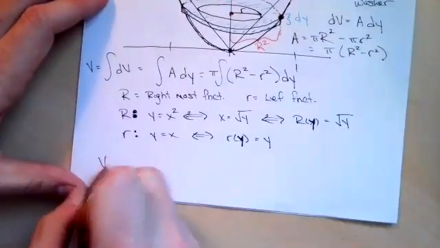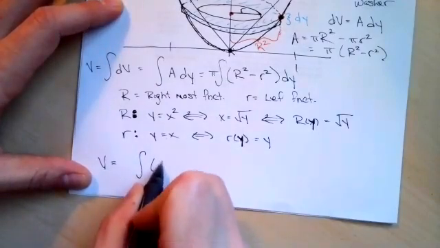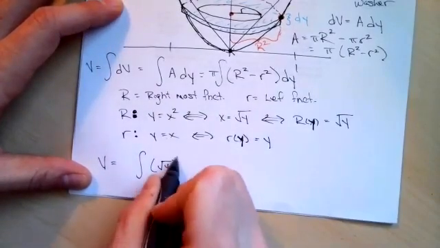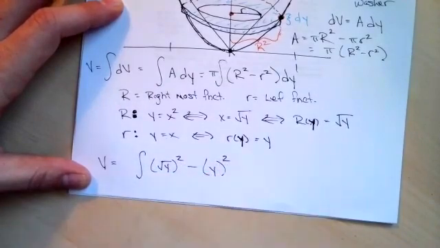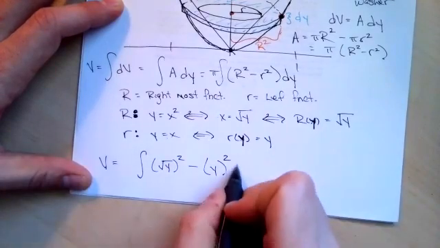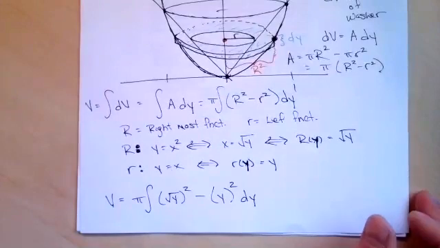So our volume is the integral of big R squared, so square root of y squared, minus little r squared, y squared, dy. We've got that pi out front, and we haven't found the bounds yet.